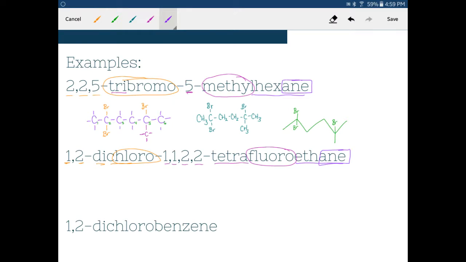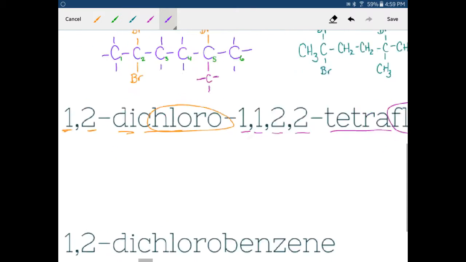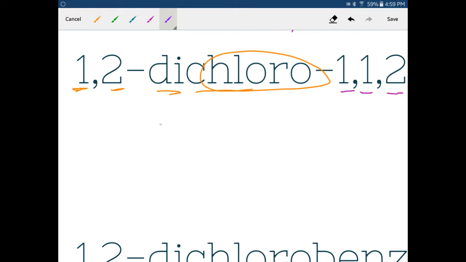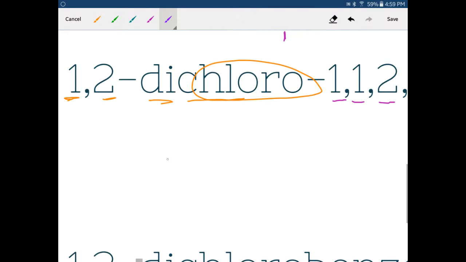So as always, I'm going to start by drawing out my parent chain, and again, I'm going to zoom in so I have lots of space here. So eth is 2, so I have 2 carbons, 1 and 2. So 2 carbons here, and let's start just with our dichloro. So I have 1, 2, dichloro, and I'm going to use orange to be consistent.